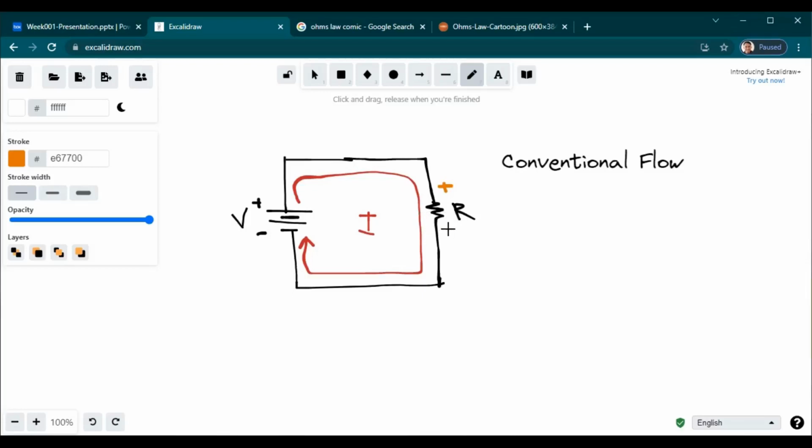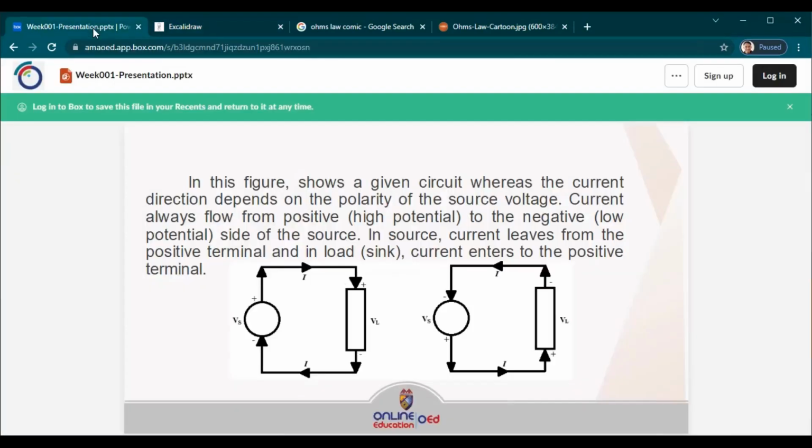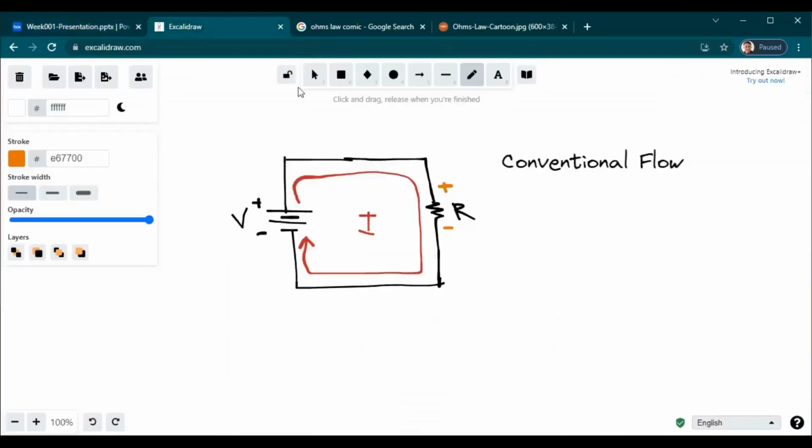Then the other terminal where the current goes out is negative. So the sign convention basically says that the terminal where the current goes in is positive and the terminal where the current goes out is negative. Okay, if we add other components here, for example, we add another resistor in here.